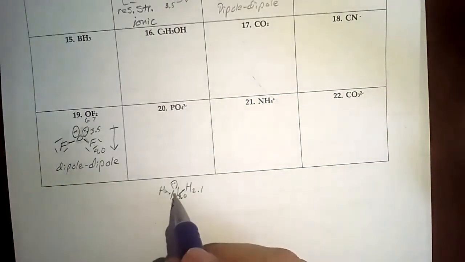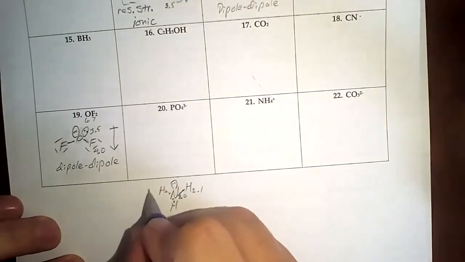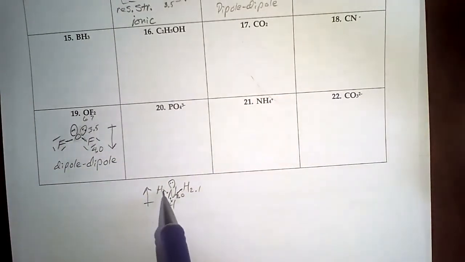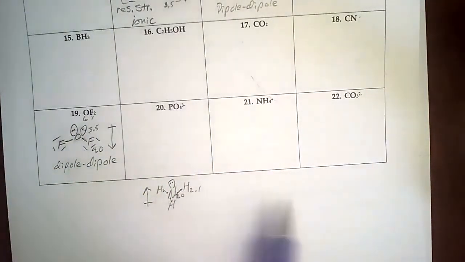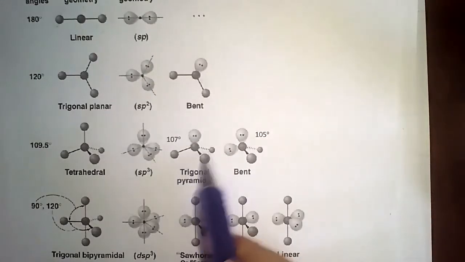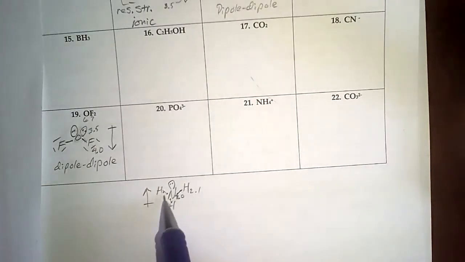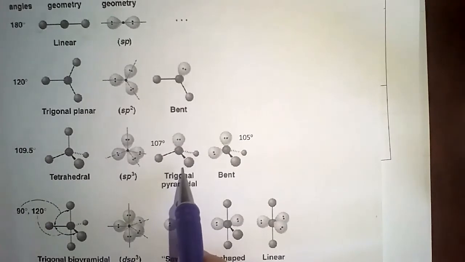Everything flowed up toward the cloud, so my arrow will go up toward the cloud this time. And remember, these H's were not really spread around like that. Really, they were angled kind of toward each other like this, because the cloud takes up this space here. So I understand that you may draw it like that, and I don't want to argue about that, but you have to recognize that this shape is really this shape.